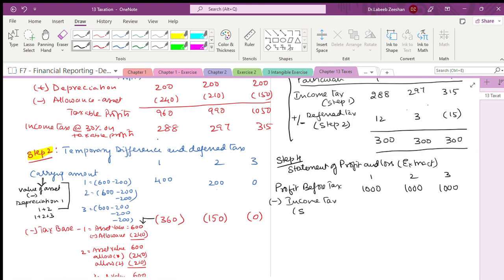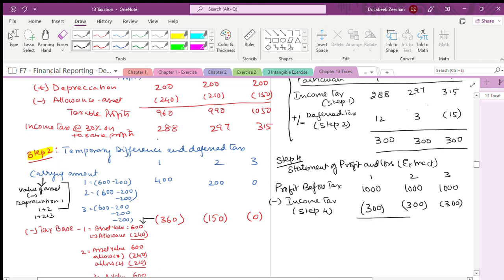We have to take it from where? Step 4. Now you will understand how we are working, how consistently we are reducing the tax for all the years.